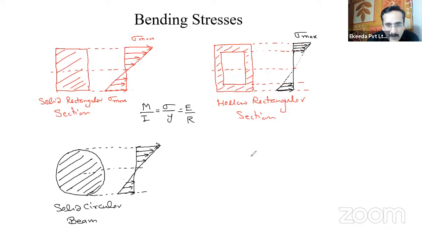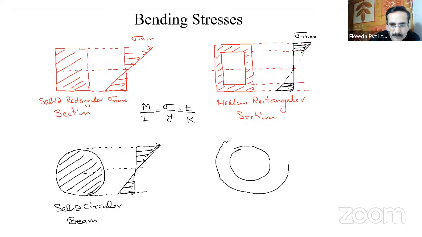And there may be a hollow circular shaft or circular beam, like this. This is hollow.